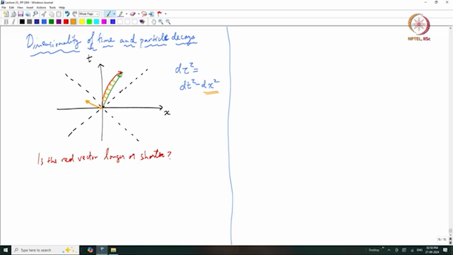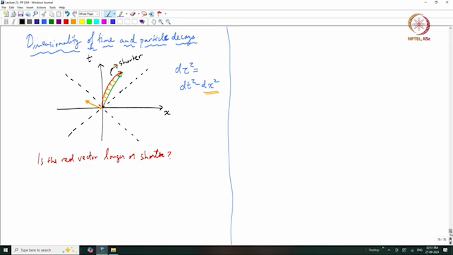If that is the case for the red arrow, let me write it in black now, the red one is actually shorter. You agree? dt squared is still the same, but I have increased the dx squared component, so I have made the arrow shorter by doing this bend.